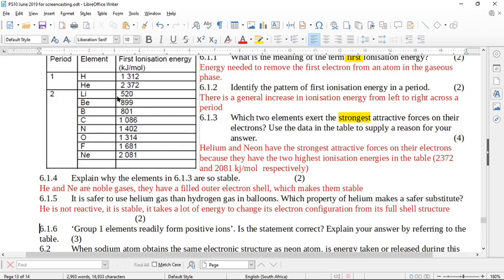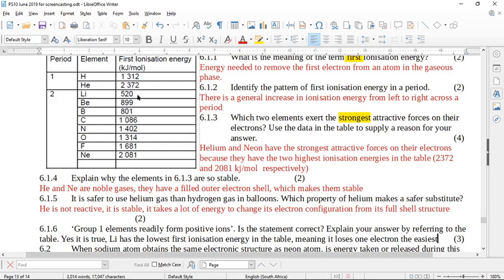But if we look at lithium, yes, it is true. Lithium has the lowest first ionization energy in the table, meaning it loses 1 electron the easiest, because that's what this table means.